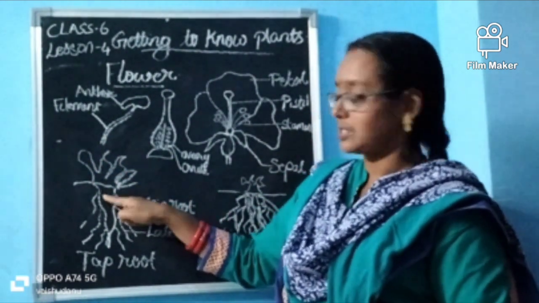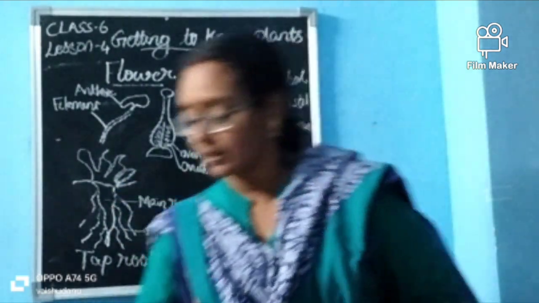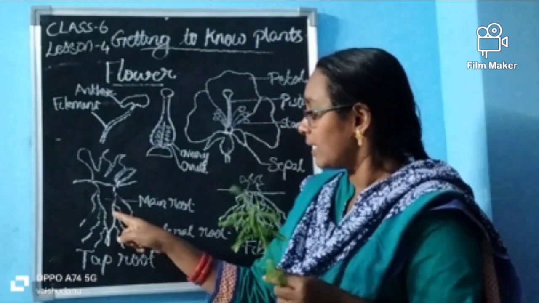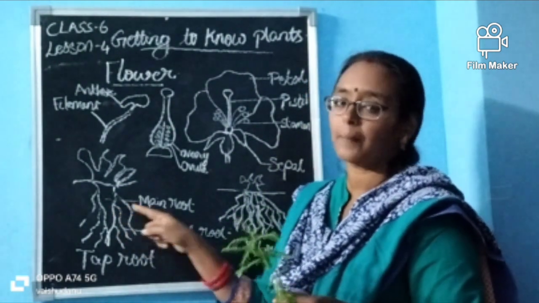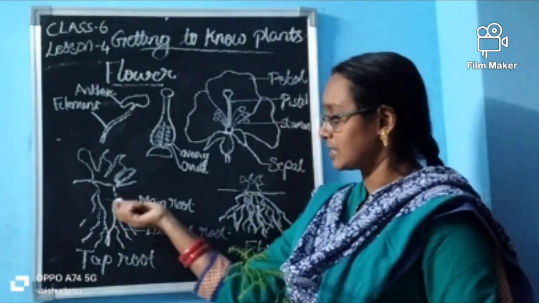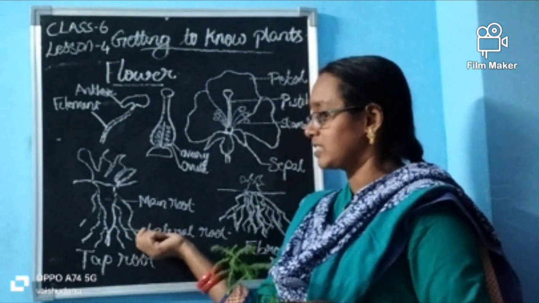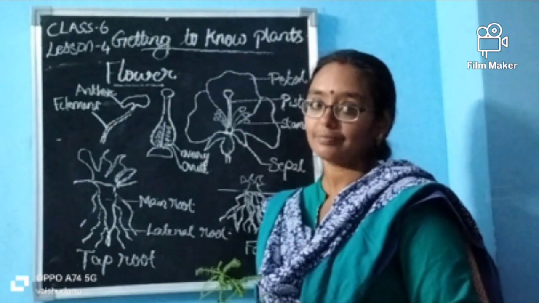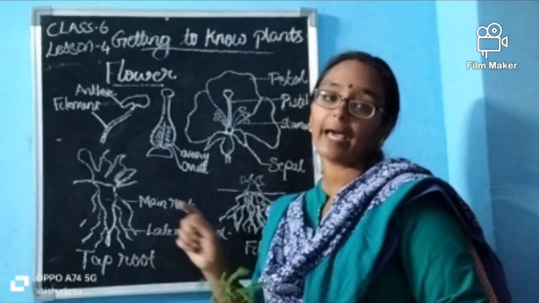Now in the root system, there is a main root that can be seen. Some small roots are coming from that. The main root is the central one, and the roots which branch from the main root are called lateral roots. This is about the taproot.